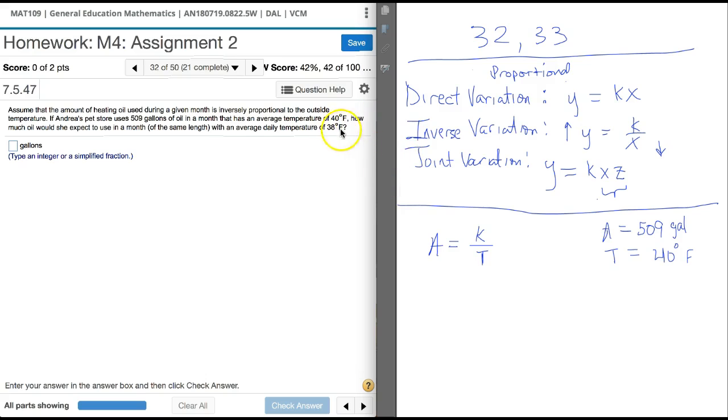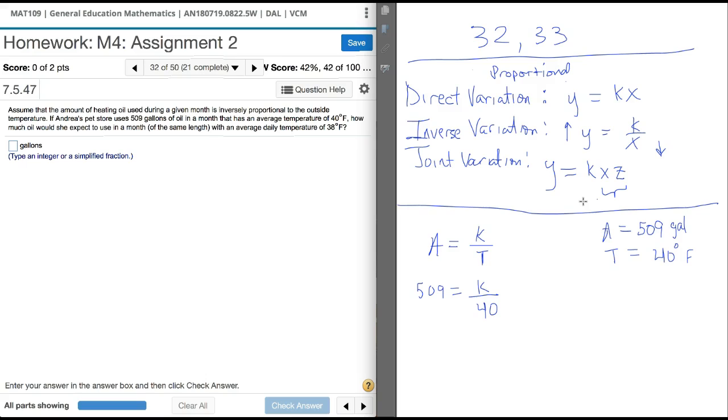Then we want to know how much oil she should expect to use in a month with an average daily temperature of 38 degrees. Okay, so we need to plug in 509 for A and 40 for T so that we can figure out what our variation constant is. And then after that, we'll use the equation with the variation constant in it to figure out the answer to the question that they're asking us about.